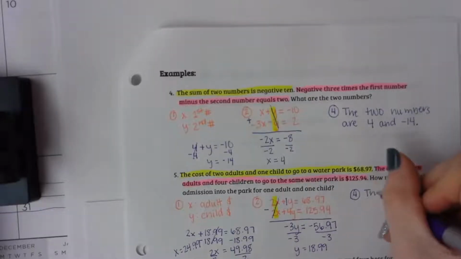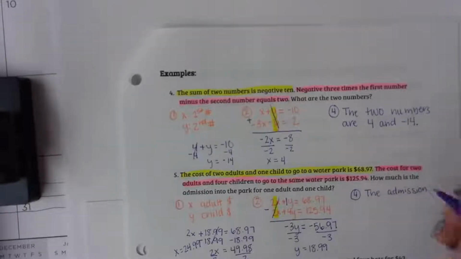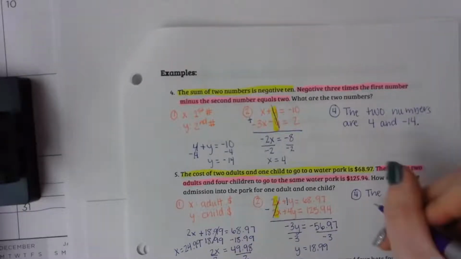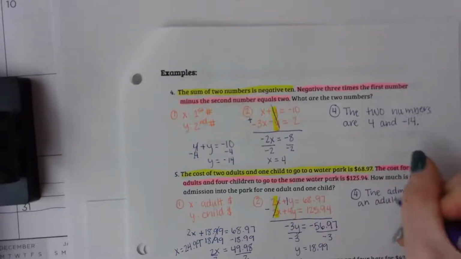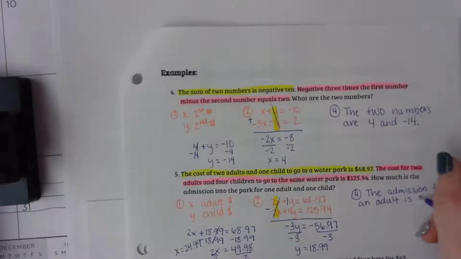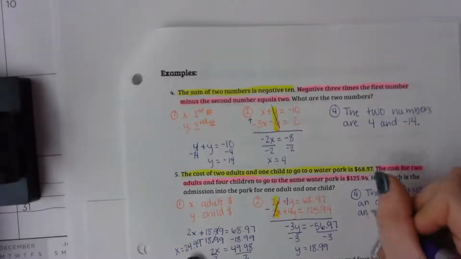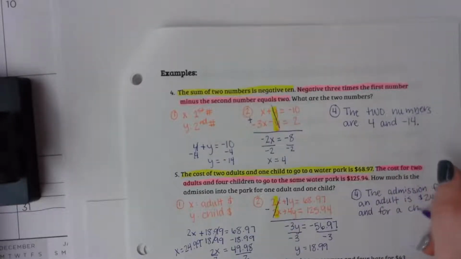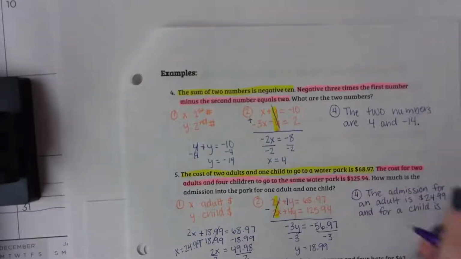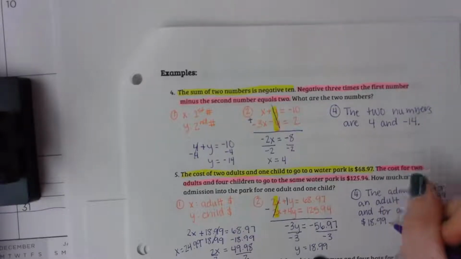So the admission for an adult is, so the adult was X, so $24.99, and for a child is, so the child was the Y, so $18.99.